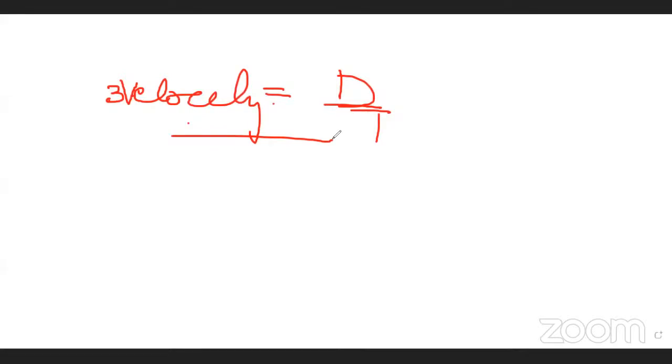Next, systems of measurement. We are going to learn about systems of measurement.